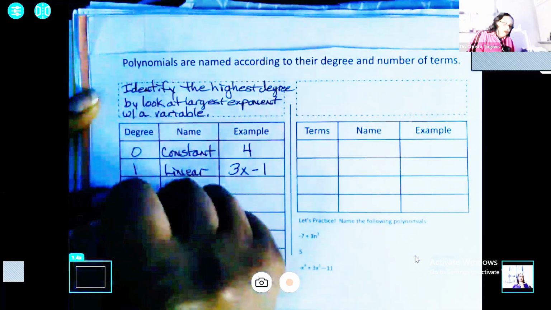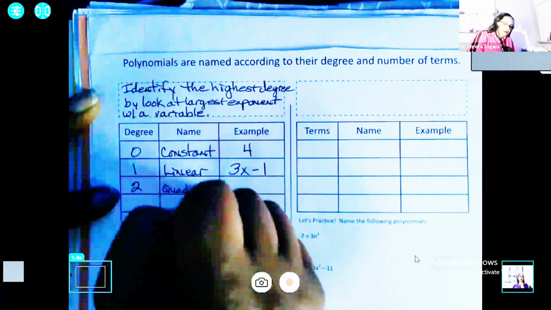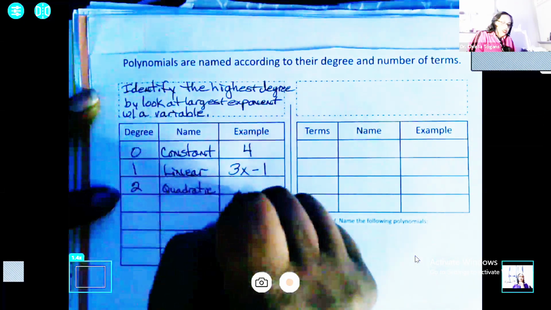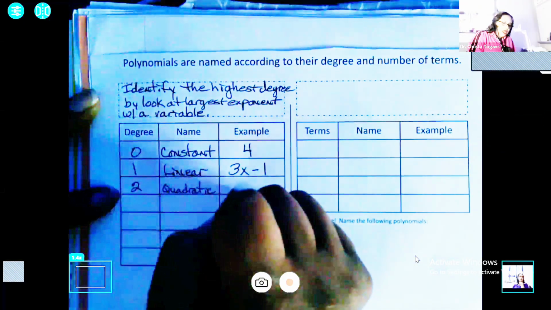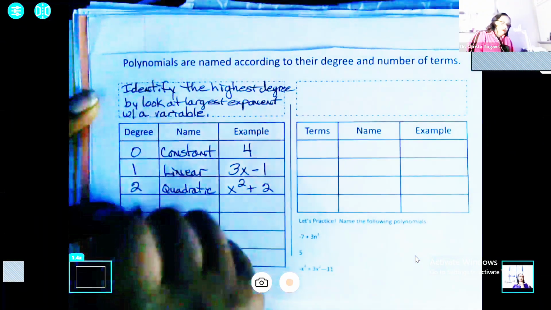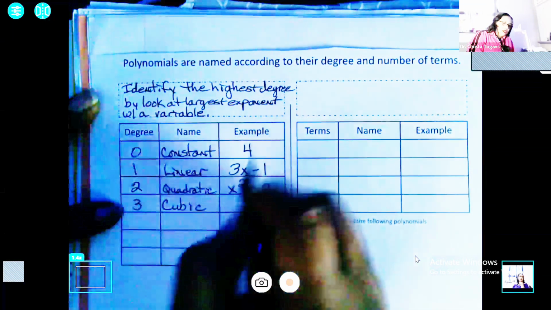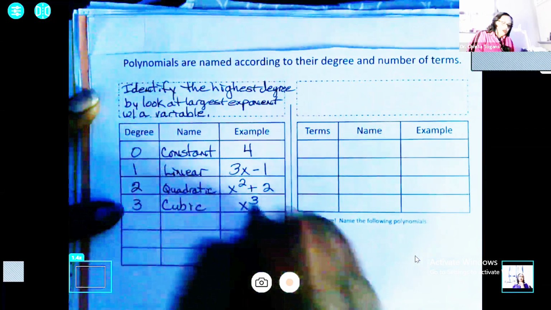For degree 2, this is quadratic. And we could just say x squared, or we can add or subtract something to it. For cubic, I'm just going to leave it as x cubed.